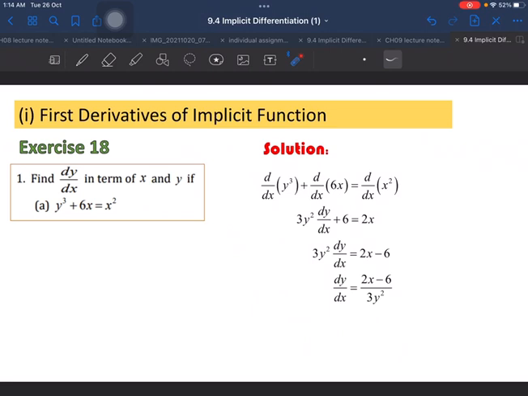And the last, we simplify. dy over dx equals 2x minus 6 over 3y square.